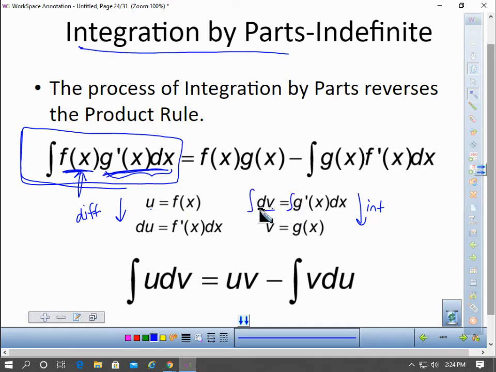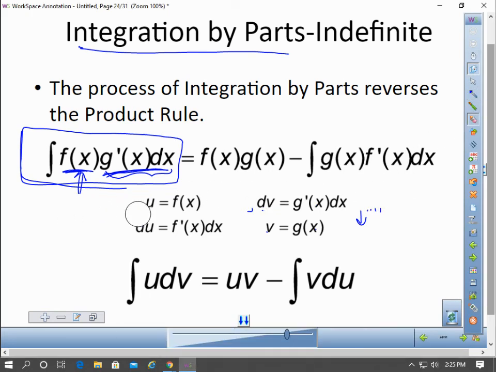The antiderivative of dv is v, okay? And the antiderivative of g prime dx is g of x. So you're going to differentiate the u side, and integrate, working backwards, the dv side. Now you've got these four little things here, all right? And this is how you set up. I'm going to erase that extra stuff I just drew.